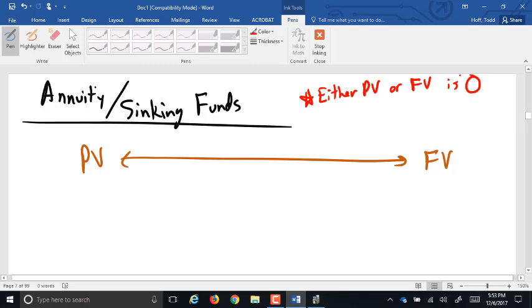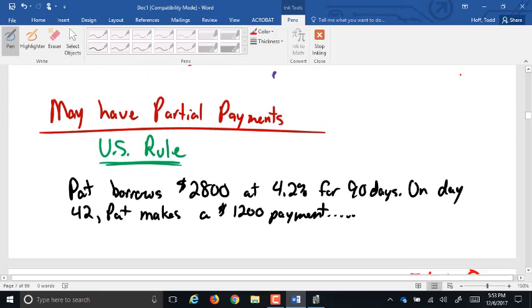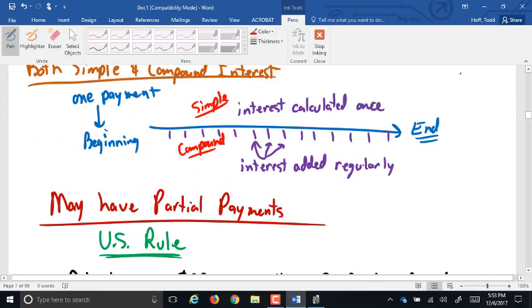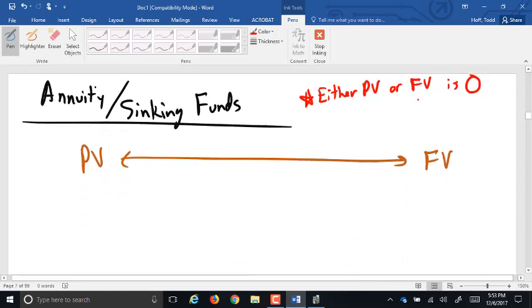We're starting, rather than putting in a lump sum, and that's what characterized these up here: we had a lump sum at the beginning and a lump sum that came out at the end. Well, for an annuity or a sinking fund, rather than having that lump sum, it's going to be divided up evenly.